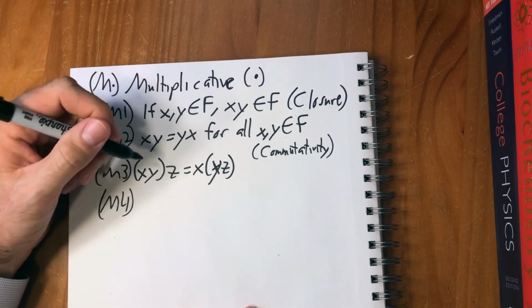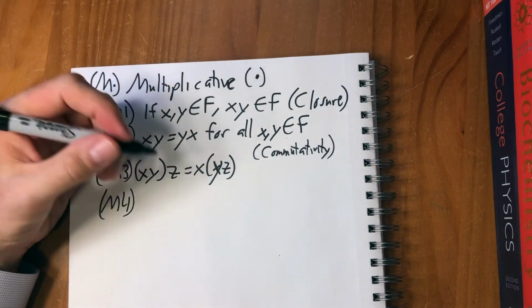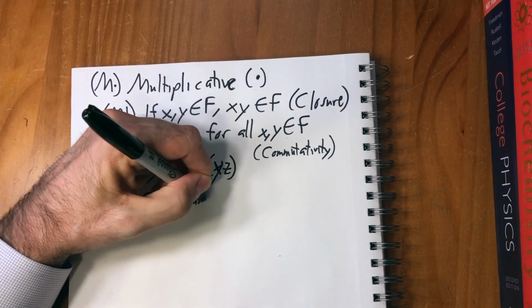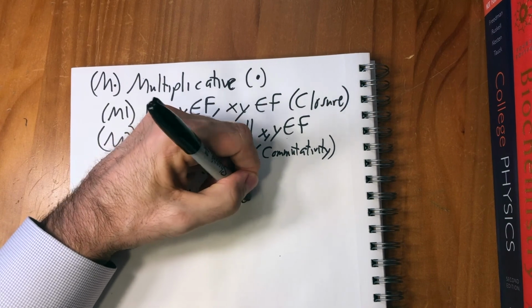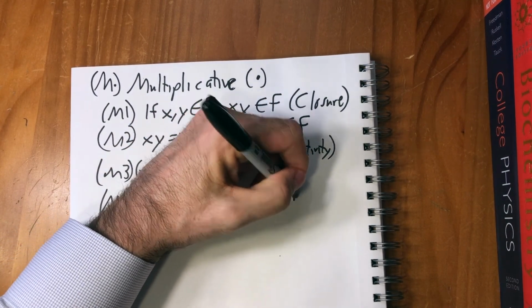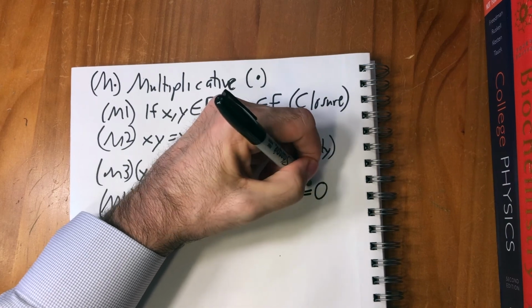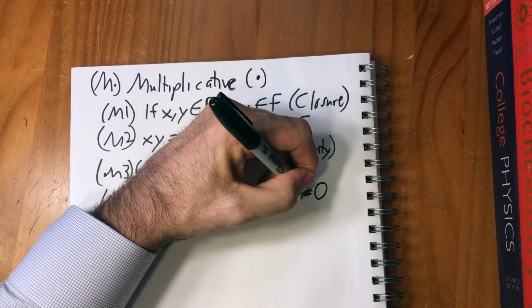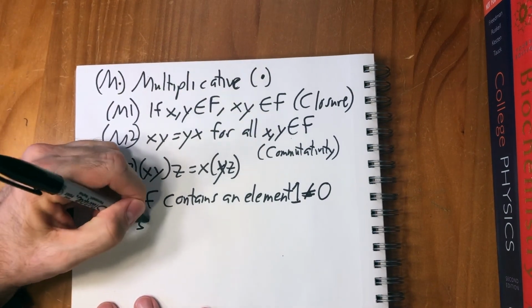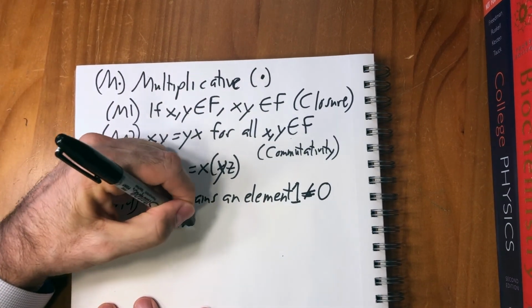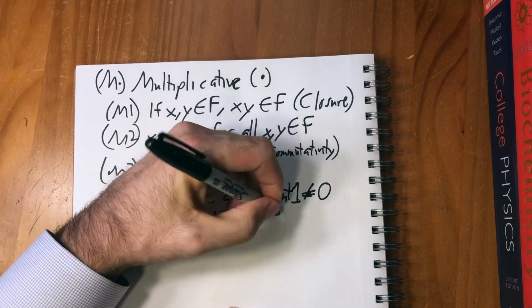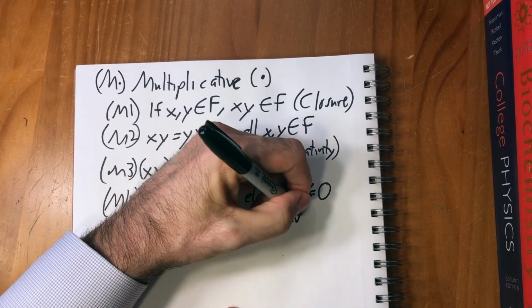M4 is that F contains an element 1, which is not the same as 0. So they have to be different elements, such that 1 x equals x for every x.